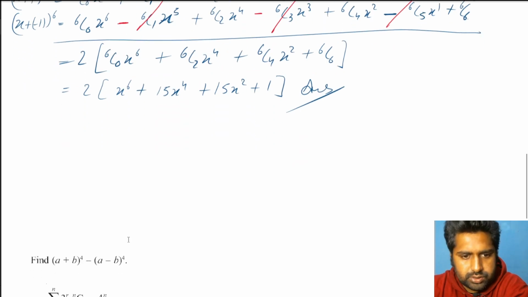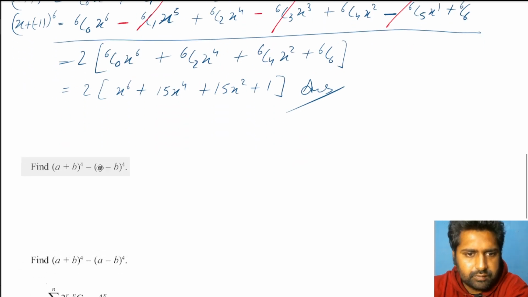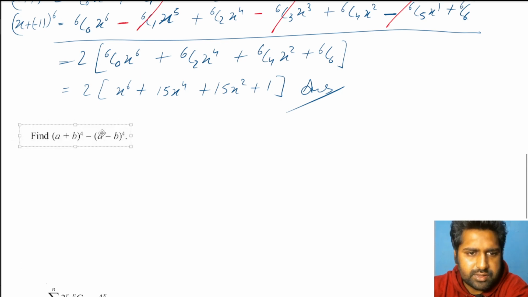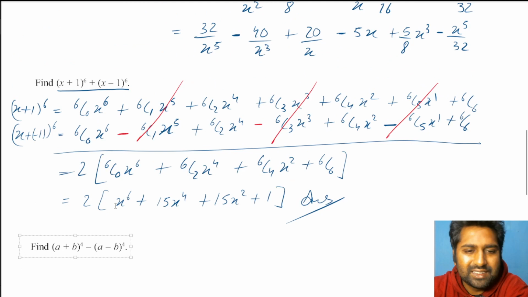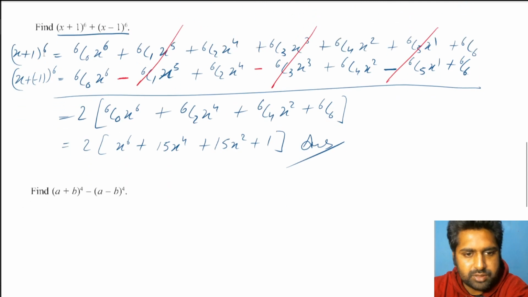All right, same thing, it's just that instead of adding those terms, now you have to subtract, and this time this is not 1, so yeah, this time you'll have to write both terms. But we know now that instead of plus, if there is minus, a minus b, we will have alternate plus minus terms. That's the effect of the negative. So we'll not worry about what happens with minus b. Let's solve that.